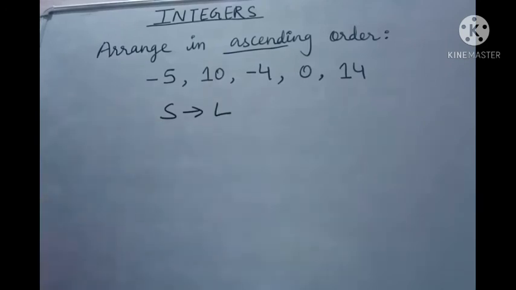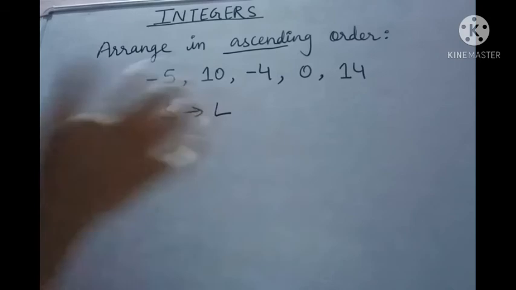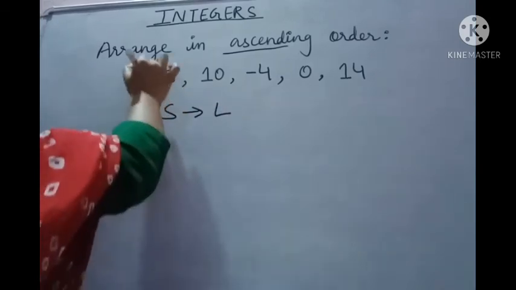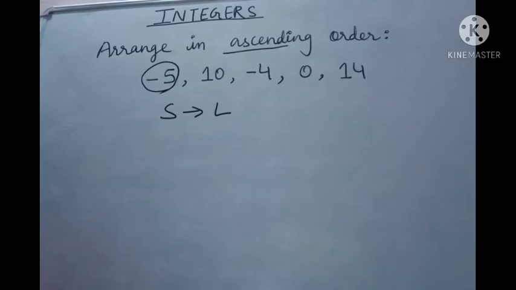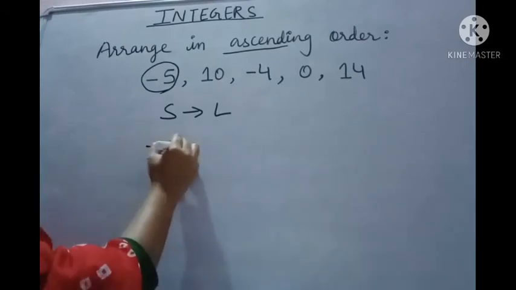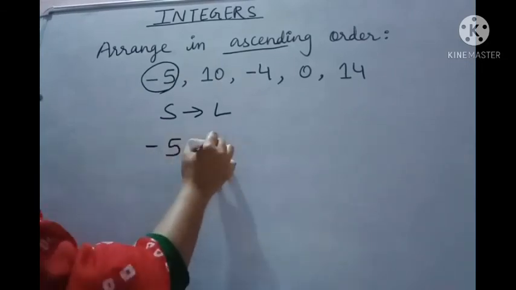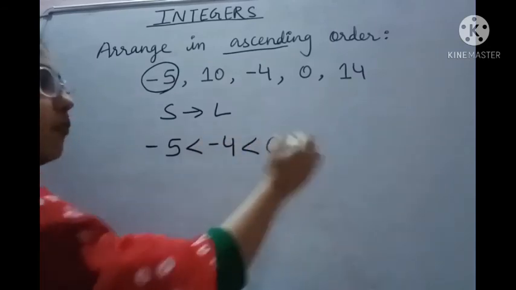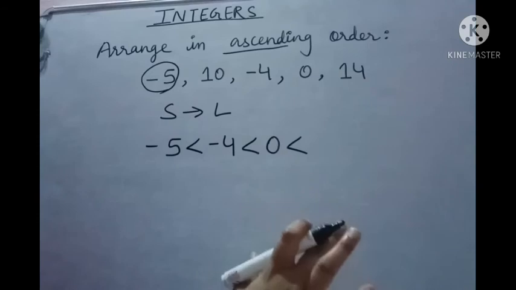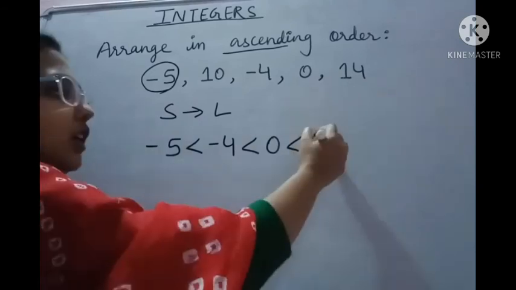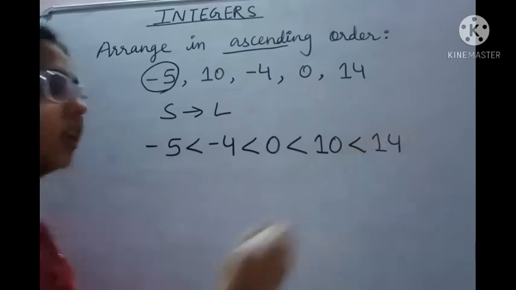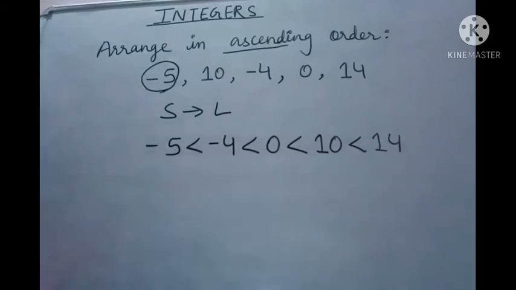I told you that all negative numbers are lesser than positive numbers, and the negative number with the greater value is the lesser integer. So -5 is the smallest integer, smaller than -4, which is smaller than 0. Then for positive numbers, just write them as they are: less than 10, and less than 40. So this is your ascending order.